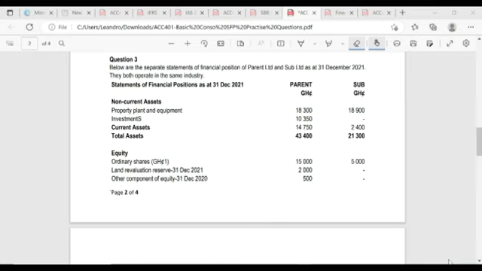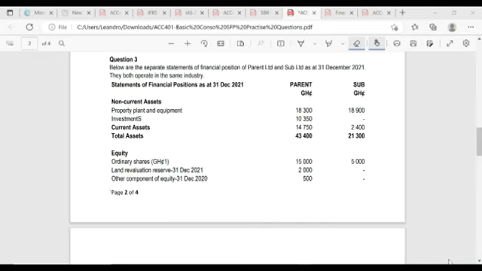For example, if the parent issued shares at market price, the nominal value will be recorded in ordinary shares, and then the excess, which would normally be in share premium, because you've been given other components of equity, you can post the premium there.